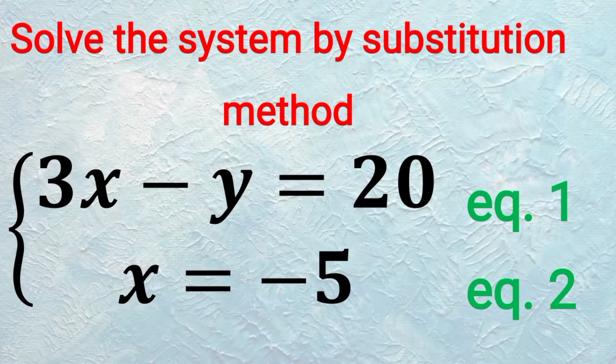Example 1. Solve the system by substitution method. 3x minus y equals 20 as the first equation and x equals negative 5 as the second equation. Since the second equation is obviously the value of variable x, negative 5, we can now replace it in the first equation.